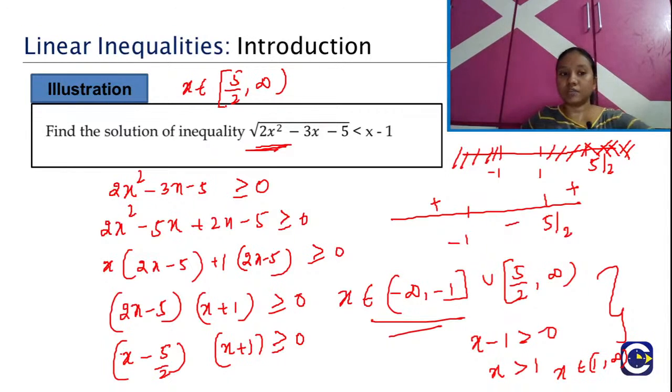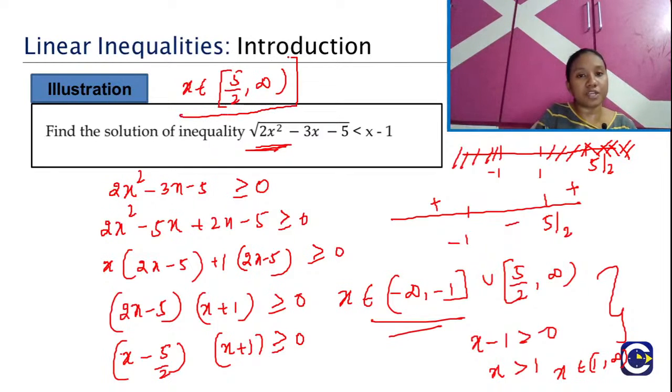So here this will be our condition interval, right? So in this interval, if we take any x value, both sides of the inequality will be positive. So if we are sure that both sides of the inequality are positive, then what is our next step? Simply squaring both sides of the inequality, right? So let's just do that.